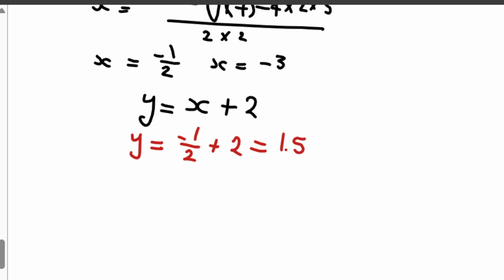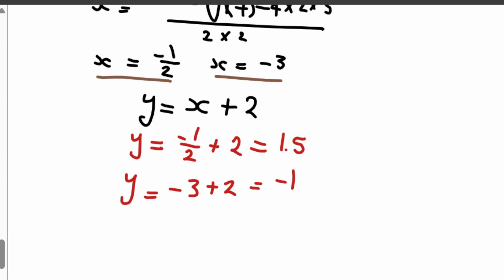And when x equals negative 3, y equals negative 3 plus 2, which gives you negative 1. Now you got two values of x, which are x equals negative a half and x equals negative 3. You got two values of y, which are 1.5 and negative 1. And that's your 5 marks for this question.